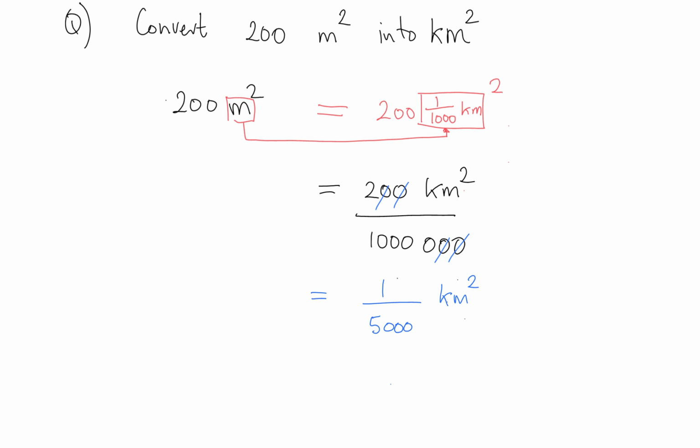Sorry, this is 10,000, so it's 5,000, that's right. In other words, we are cancelling down the 2 there with a 5 there. Now 1 over 5,000 is a pretty small number, so if you wanted to write that as a decimal, you would get 0.0002 kilometres squared.